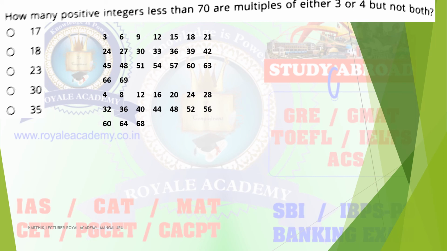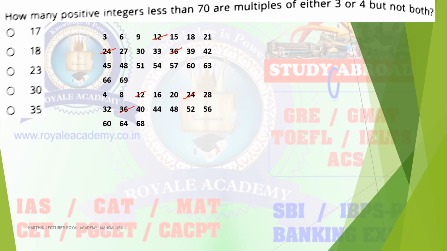Then just see which numbers are common. 12 is common to both. So the multiples of 12 are common to 3 and 4. 24 is coming in 3 and also in 4. Next, 36 is coming in 3 and also in 4.